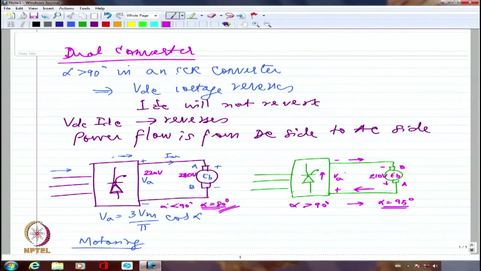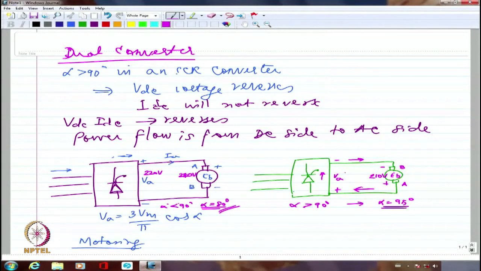By then, EB would have decreased again from 210 volts to maybe 208, 205 volts, whatever. Then correspondingly, I might have to again go more and more towards 90 degrees. So I have to constantly, repeatedly adjust the firing angle as per EB, and EB gets adjusted as per the speed.